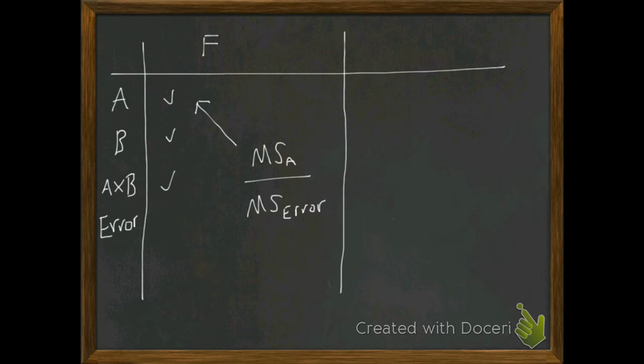The p-value, so we'll end up with 3 p-values. So the p-value is going to follow an F distribution with degrees of freedom, again, for the first term, A minus 1, and AB times n minus 1.